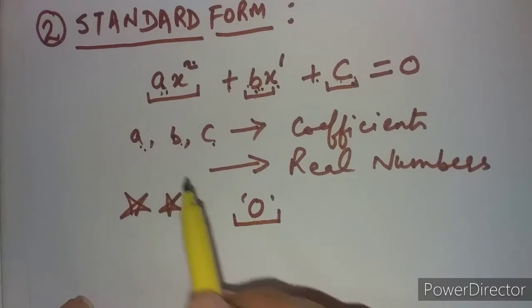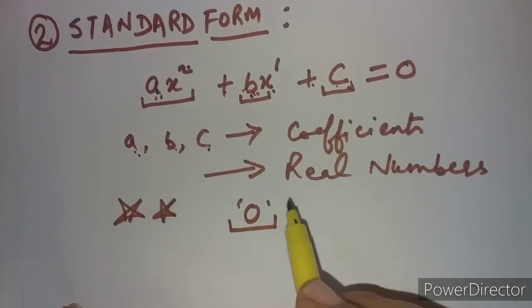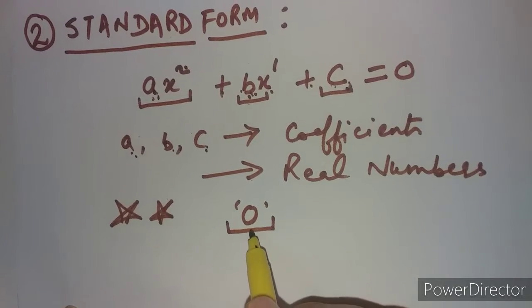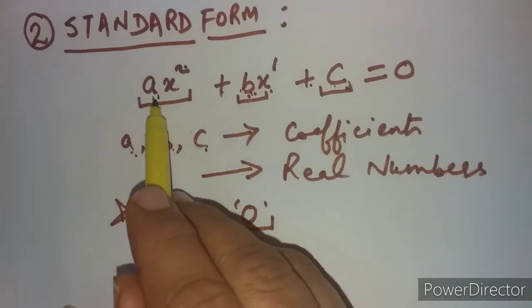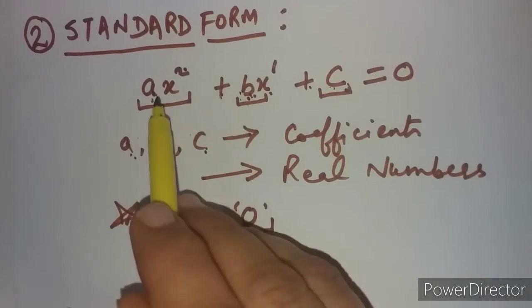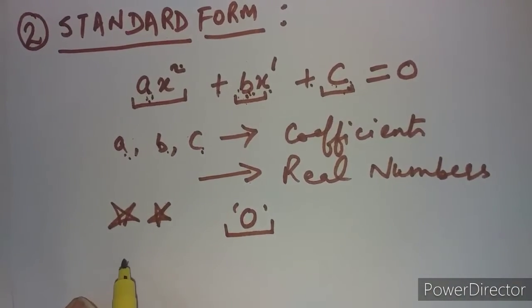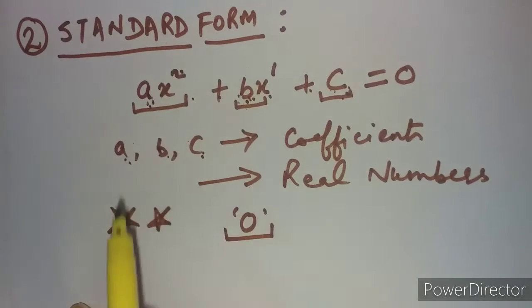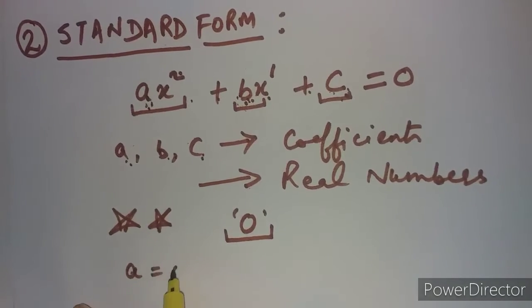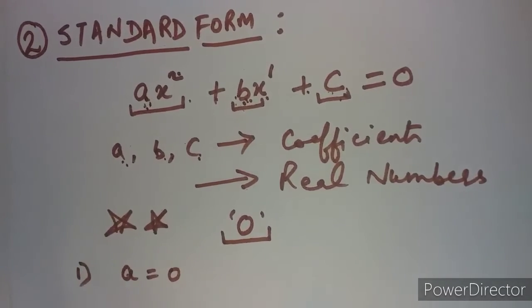Out of all those real numbers, can 0 come at any place on these a, b, c or not? Let us say, first of all, I take up the first term, ax squared, and if I say a is equal to 0, this will be our first case.